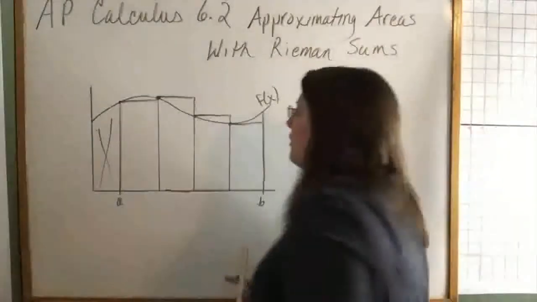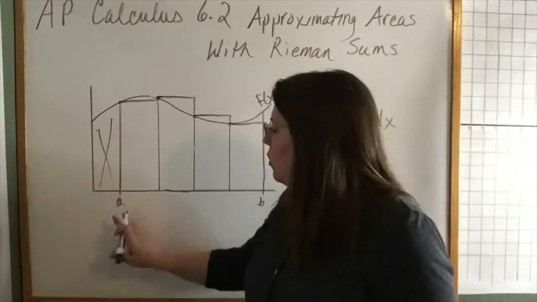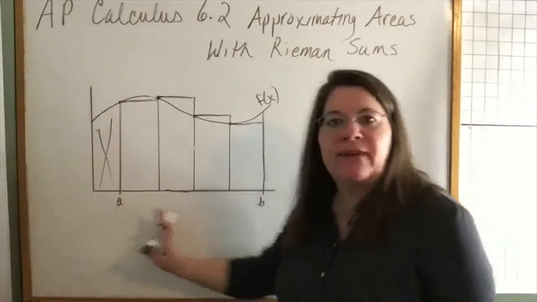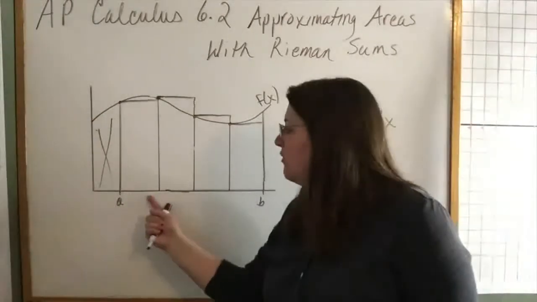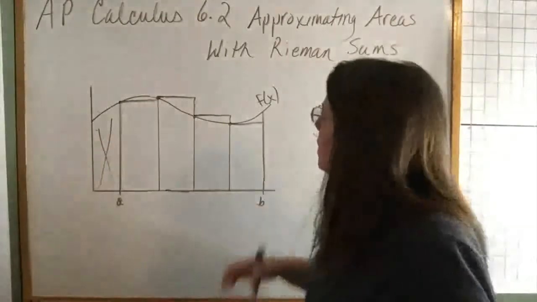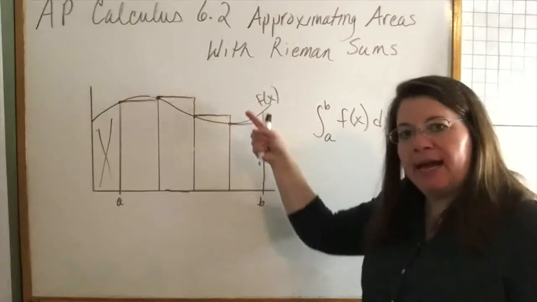To figure out the area of these rectangles, we're going to know the distance from A to B. Like this distance might be from 1 to 5, okay? Well, if this is from 1 to 5, then we know the width of each of these rectangles is going to be 1, okay? And then the height of the rectangle, well, when we're doing this for real, they're going to give us a function for f of x.